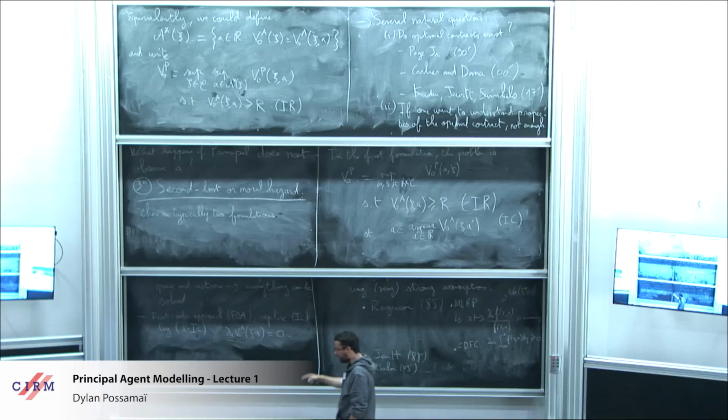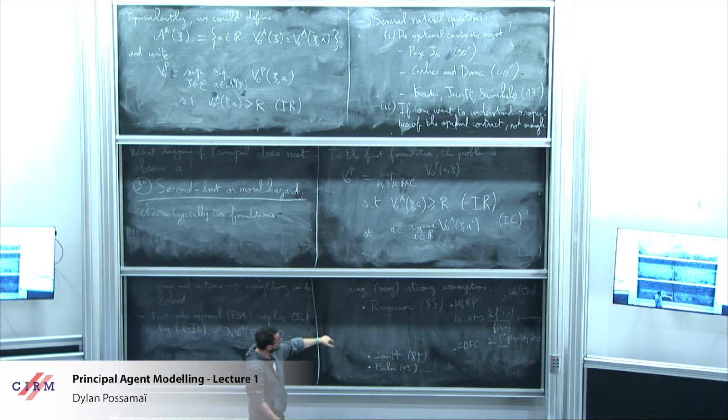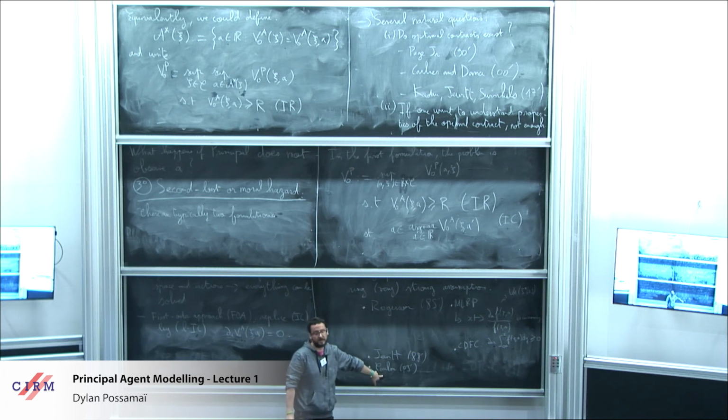For first order approach, this is not innocuous at all. It is excessively harder to treat the cases with this approach where X is multidimensional and where efforts are also taking values in multidimensional spaces. So Conlon has generalizations of the results in Rogerson and Jewitt that also work in the multidimensional case.